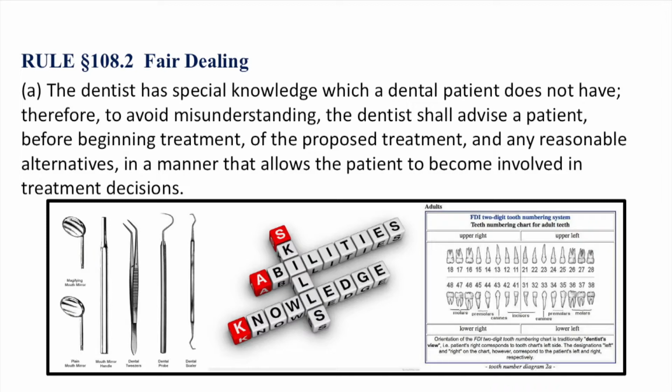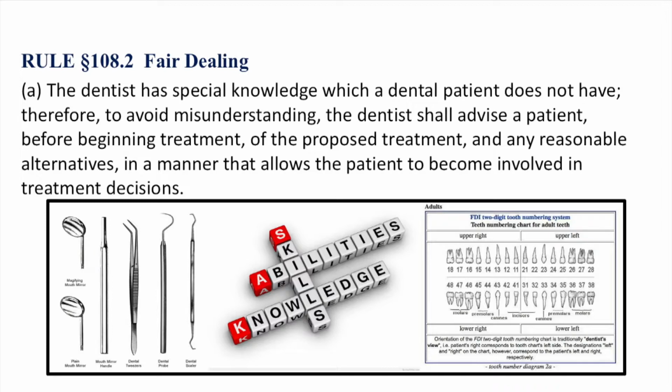This also will remind you of the ethical principle of patient autonomy, which basically states that a patient has a right to be involved in their decisions with respect to any treatment that they may incur.